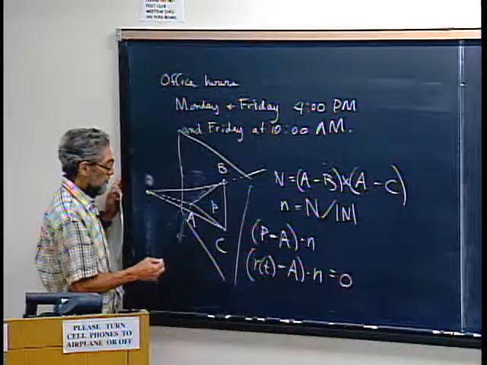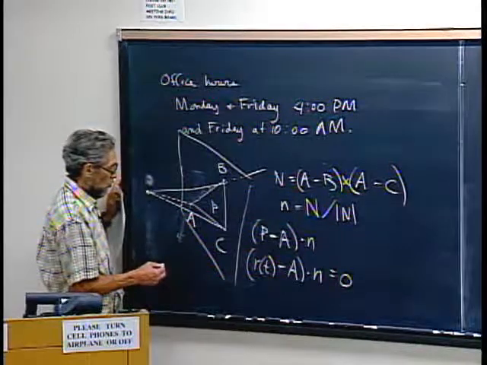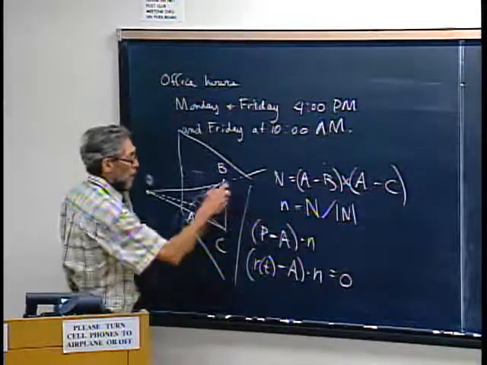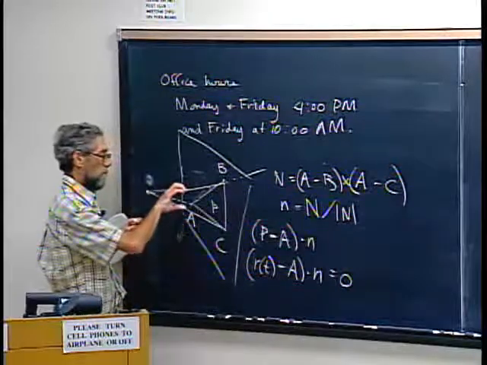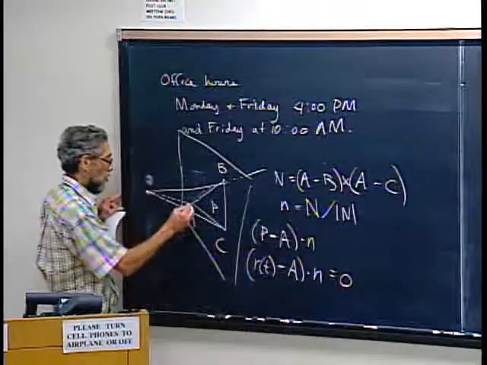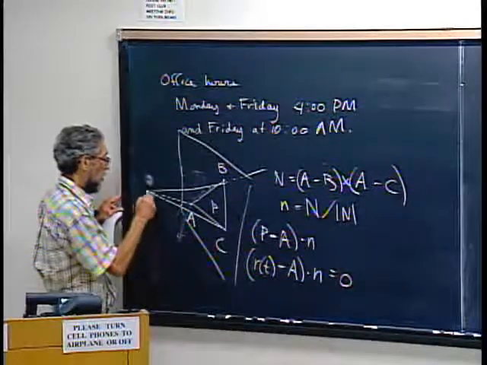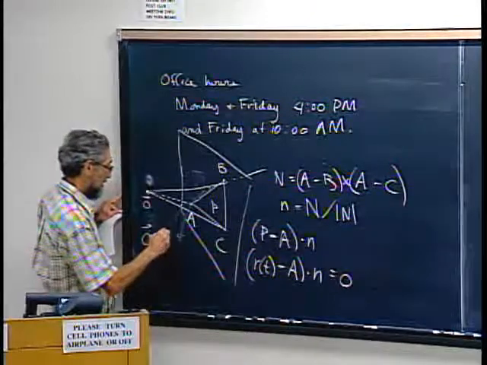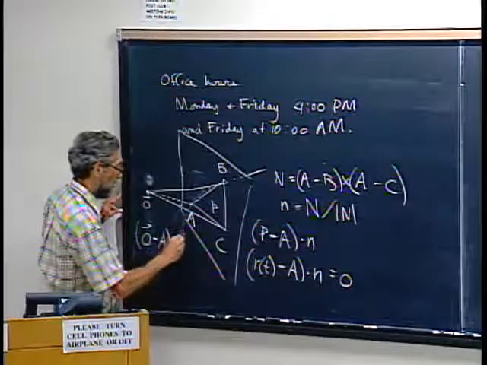So what we can do is, just like I found a normal to this plane by taking this cross product here, I can find the normal to this plane by, say, taking the origin minus A. I have to figure out, let me write it and then I'll try and figure out whether I've done it consistently.